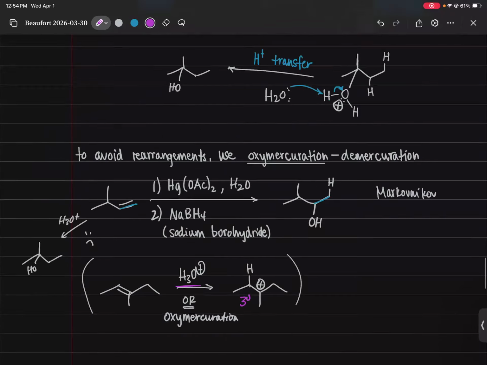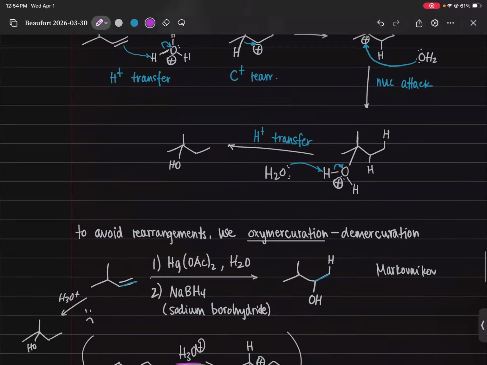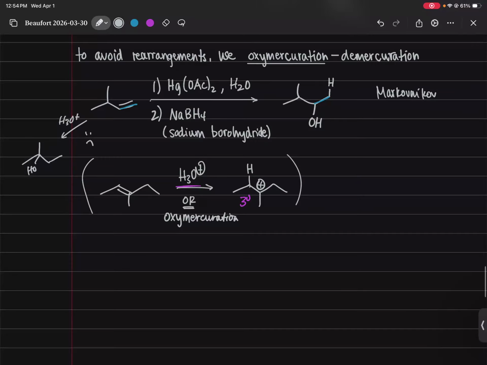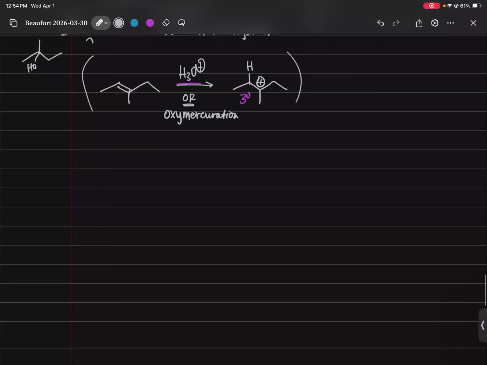Okay, so both of those, the acid method and the mercury method, both give the Markovnikov product. So we would also like a method that gives the anti-Markovnikov product. And there is one.